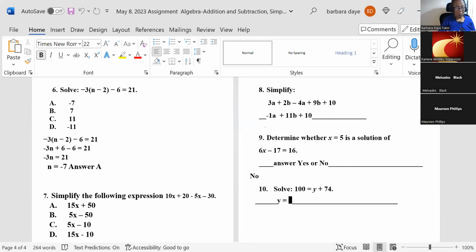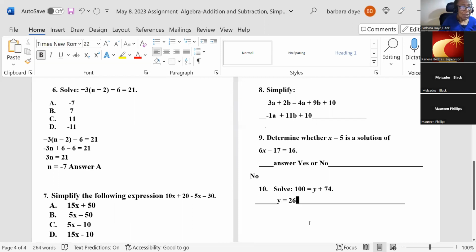I said my answer, y was 26. Yep, that's correct, because you subtract the 74 from both sides. 100 minus 74 is 26. Now, the y is on the right side, but that's okay. You could switch it. y equals 26. That's the answer.